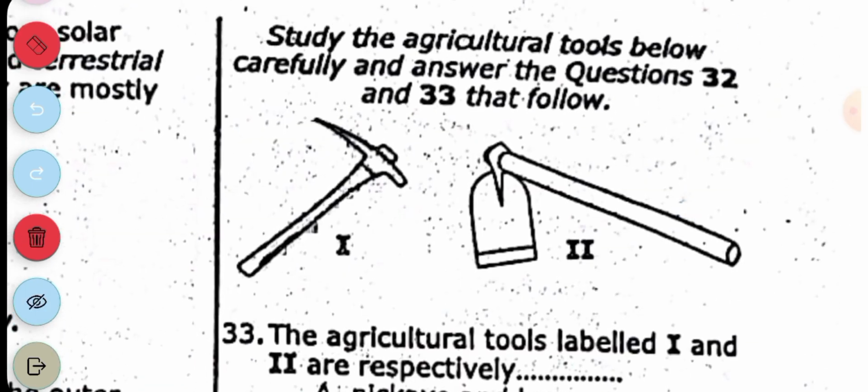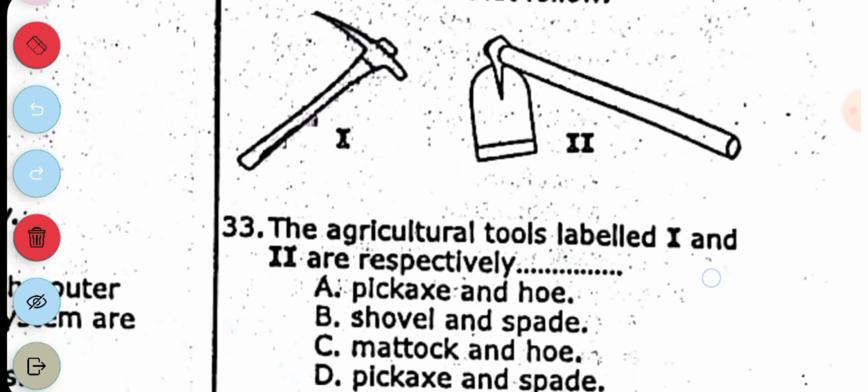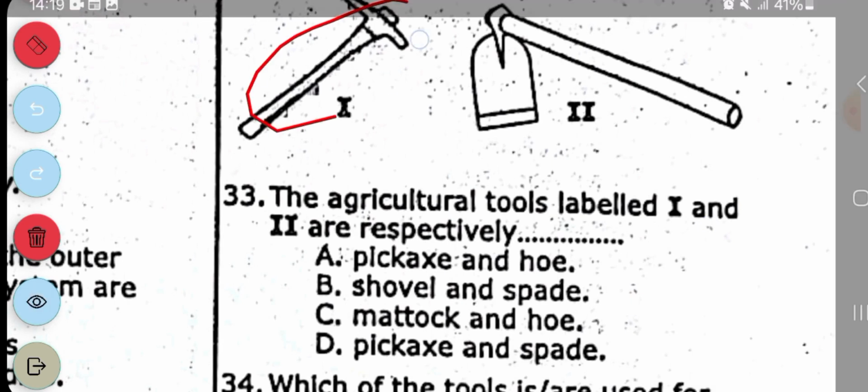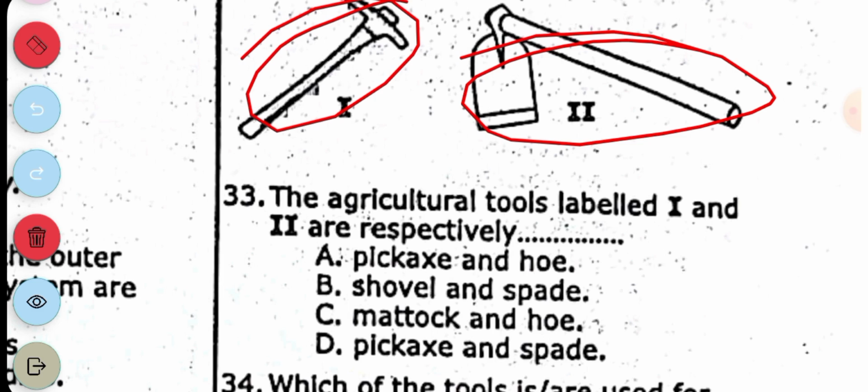So you are supposed to study these diagrams and then answer questions 33 and 34. The agricultural tools labeled I and II are respectively. So this is a mattock and this is a hoe. A pickaxe will have this part extending more, and that's not what we have.